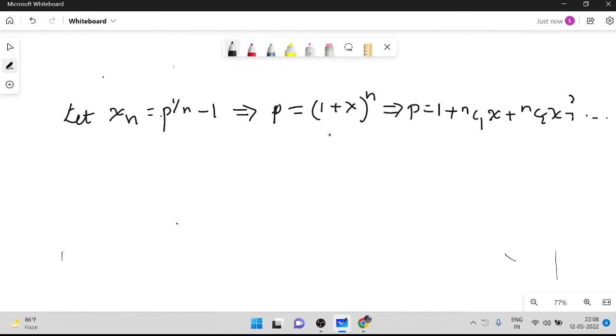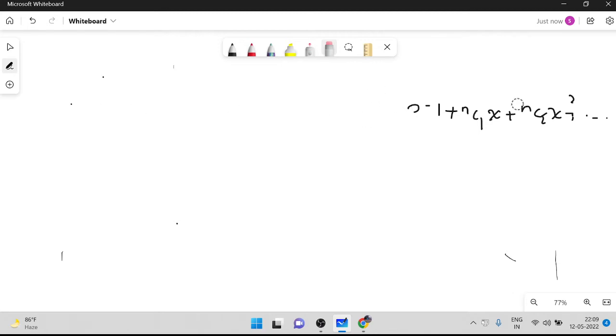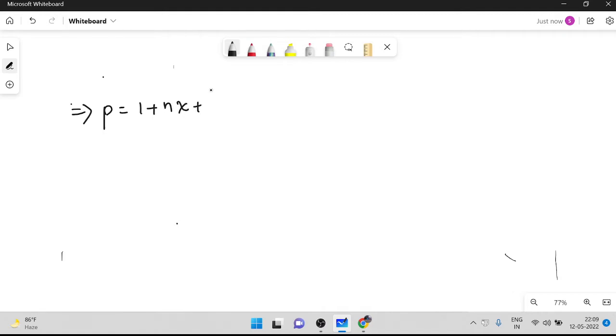So p is 1 plus n times xn plus n into n minus 1 by 2 xn square and so on to infinity, and the remaining part is a positive number.